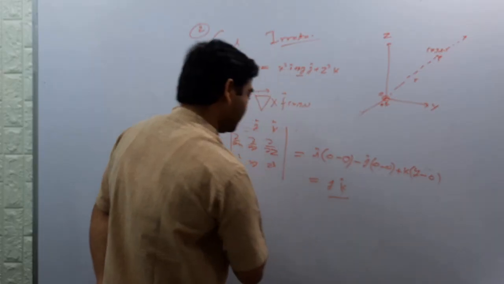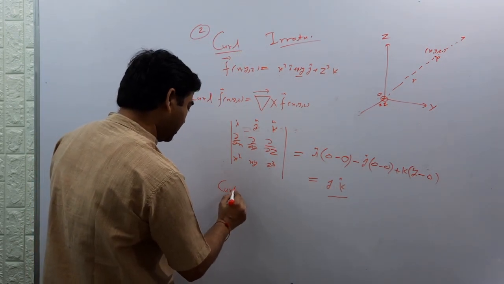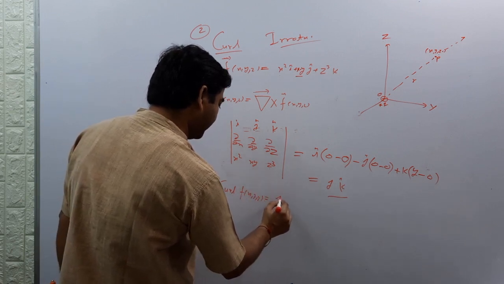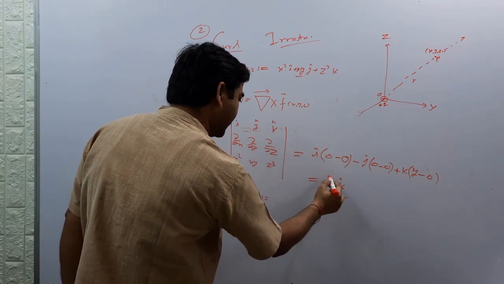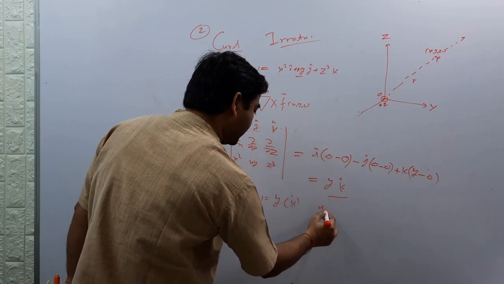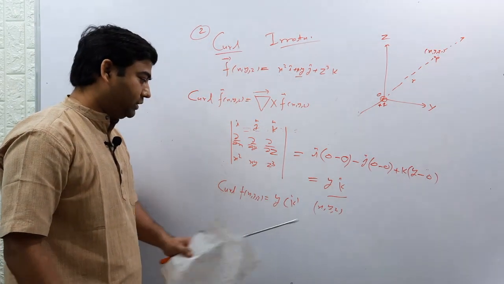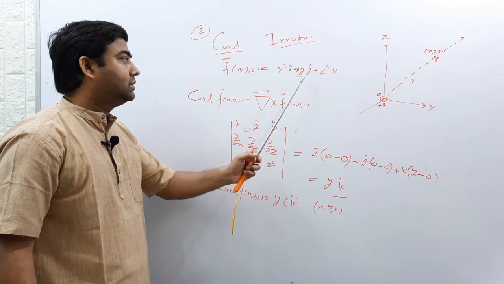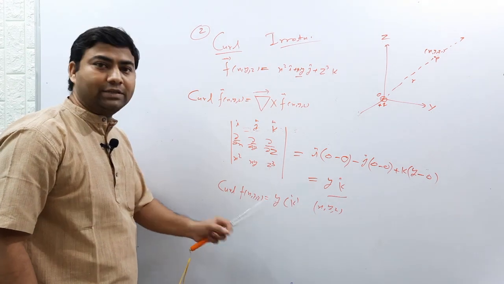So curl of the function is given by y k. At a general point, the curl of this field, which we have changed from the earlier field, is y k at point x comma y comma z.